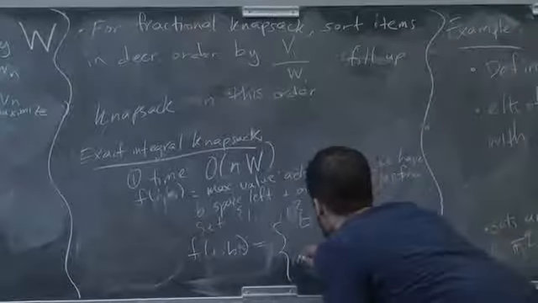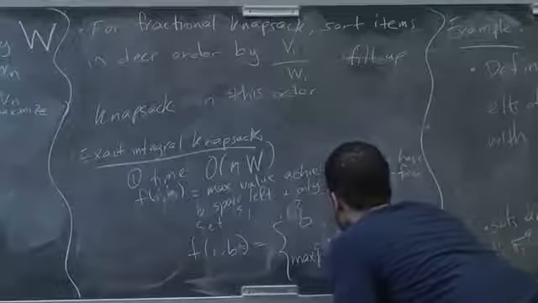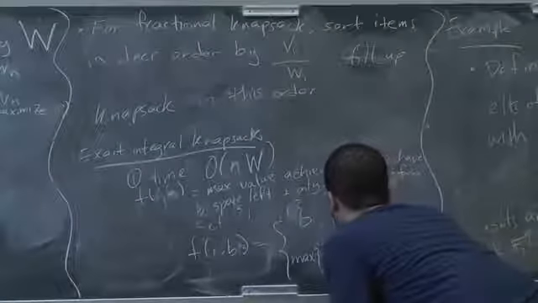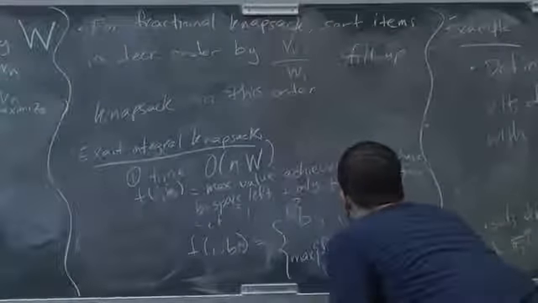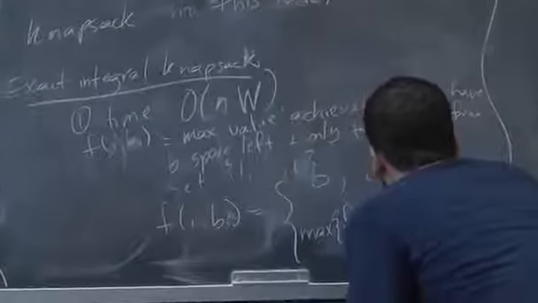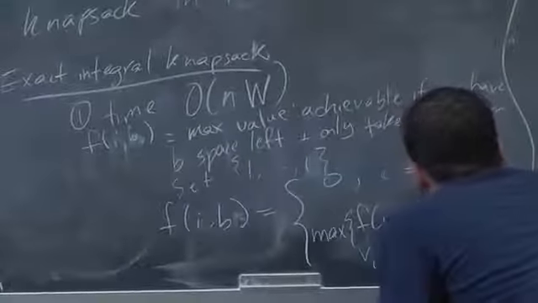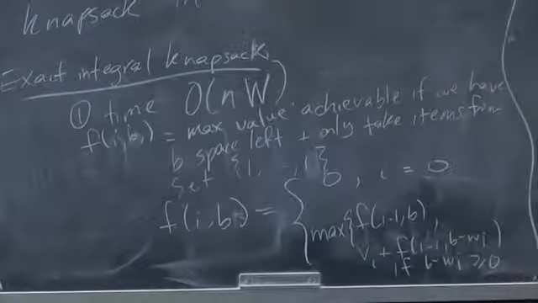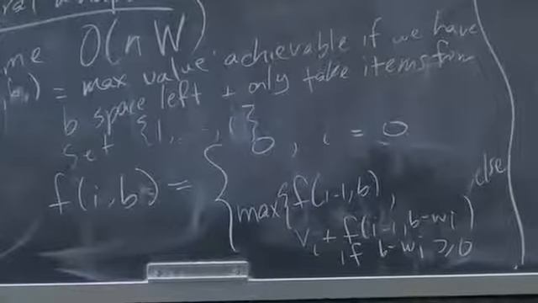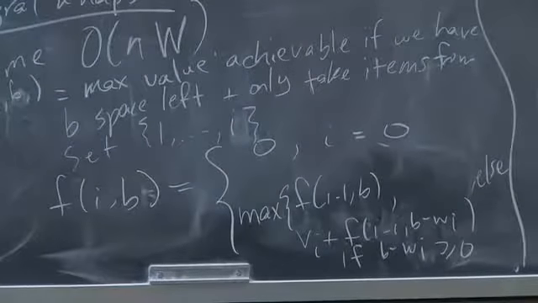Otherwise, it's equal to the max of f of i minus 1, b, where you don't take the item, and v_i plus f of i minus 1, b minus w_i, if b minus w_i is not negative. So you can write a recursion like this, and fill up this table using dynamic programming.